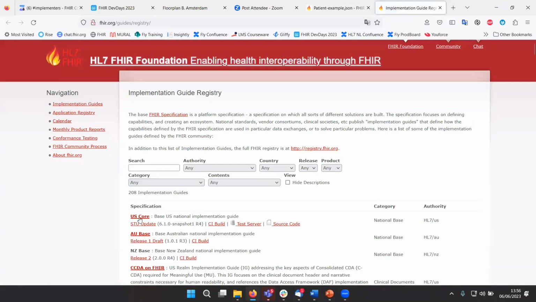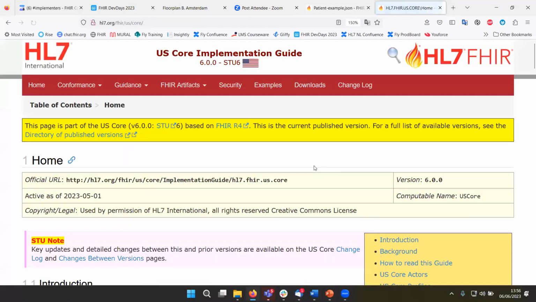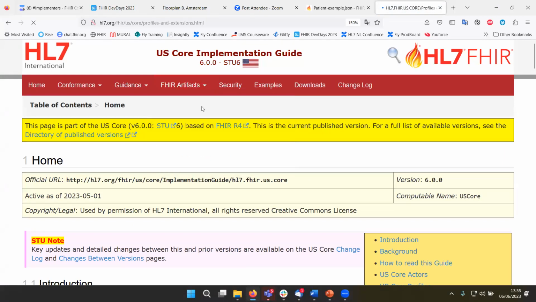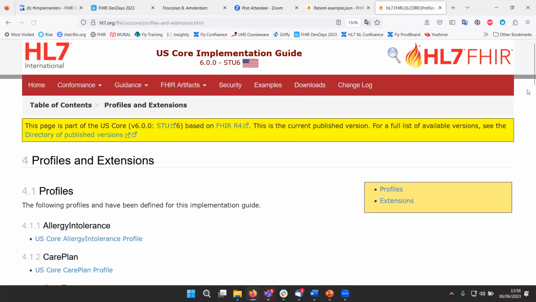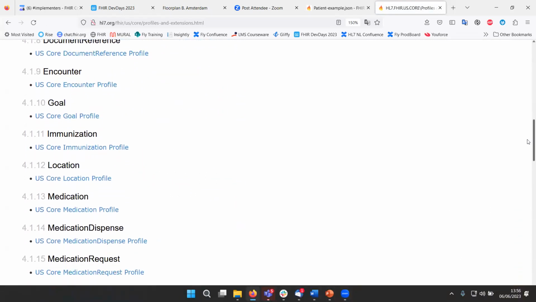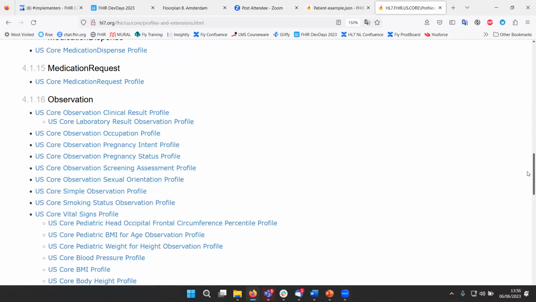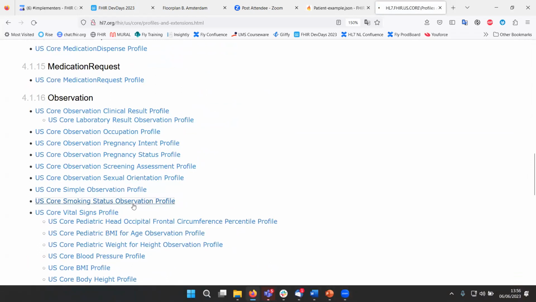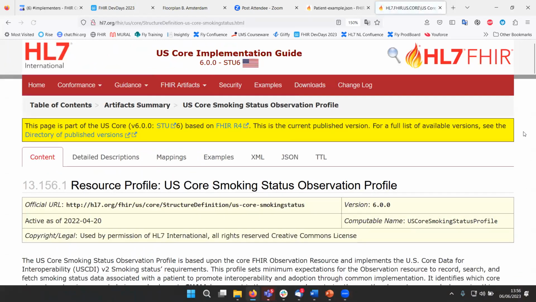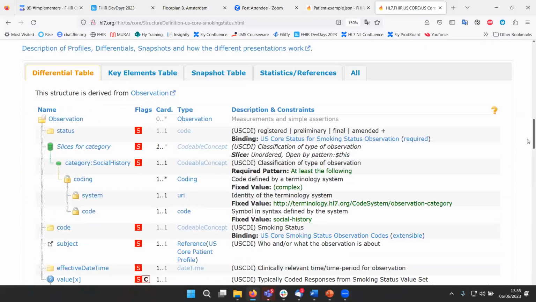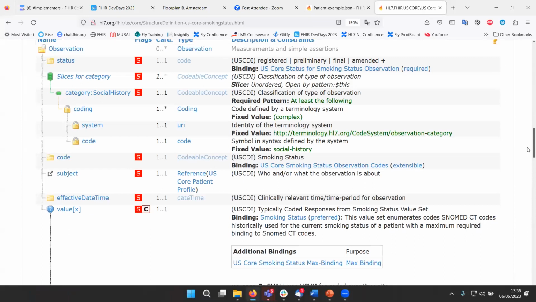And if I choose US Core, which is the most commonly used US profile, then we have all sorts of profiles in here, these conformance profiles. And if you start looking at those, then these contain the constraints on, for example, an observation, okay, smoking status or something. And we see an expression of how that particular observation has been constrained.